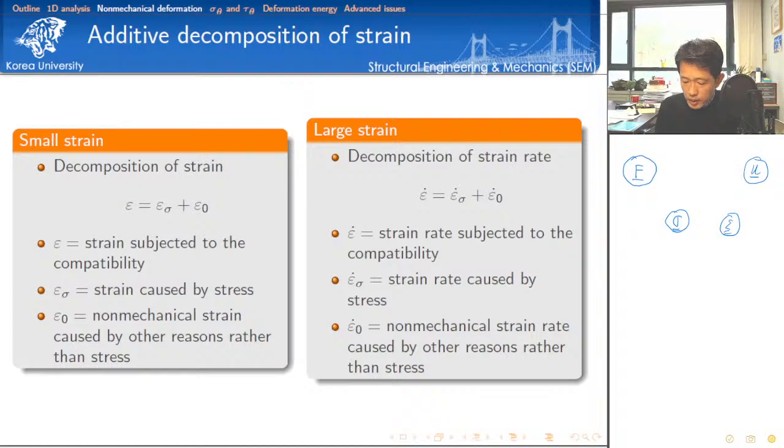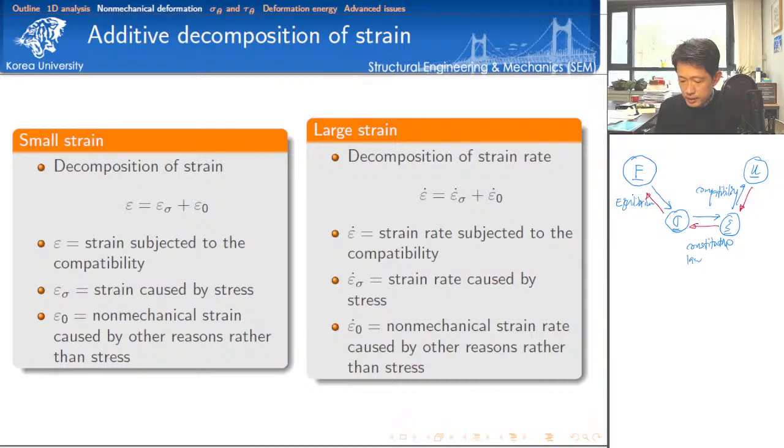So in this direction, we have to consider the so-called equilibrium. And then in that direction, we have the so-called constitutive law. And then here we need to deal with the compatibility, displacement compatibility specifically.